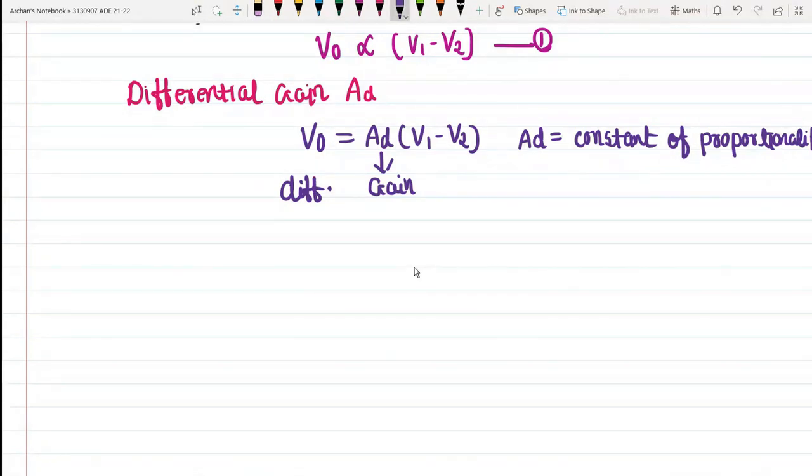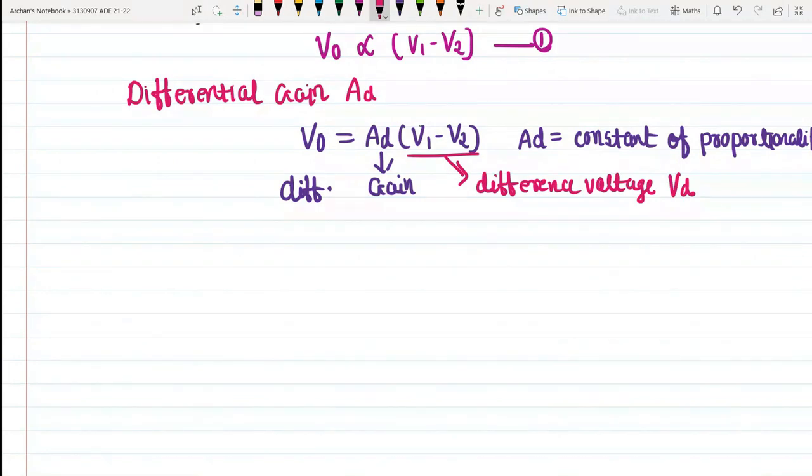Here the difference between the two inputs, V1 minus V2, is generally called the difference voltage, and it is denoted as V suffix D. So ultimately we will be able to write our equation of V0 as AD, which is my differential gain, and VD, which is my difference voltage.